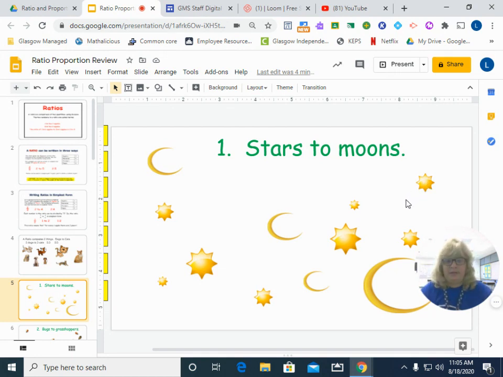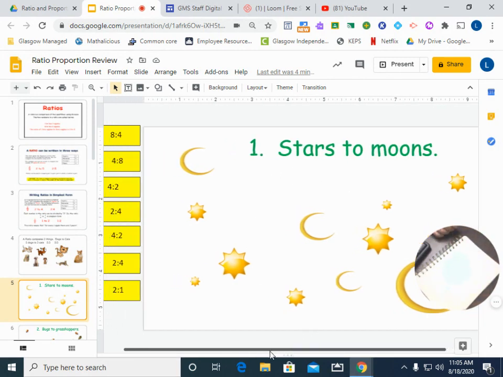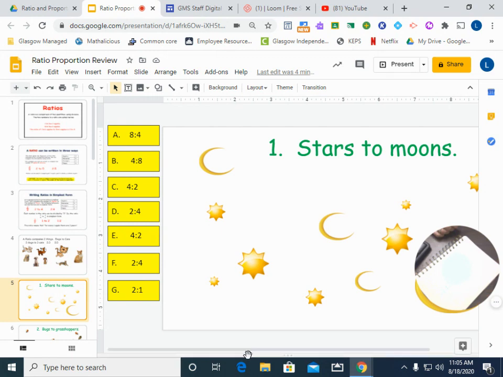On a piece of paper, I would write 8. Then I would go back and count moons: 1, 2, 3, 4 moons, and write that on my paper. And I would think, does it need to be reduced? If it needs to be reduced, I would reduce it.